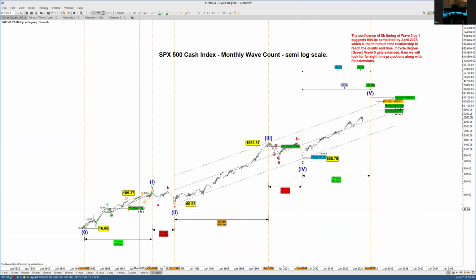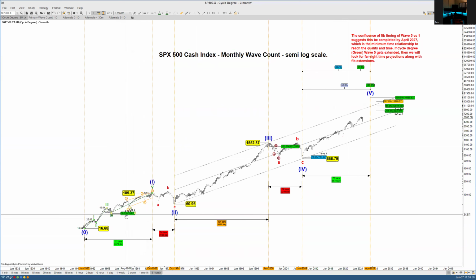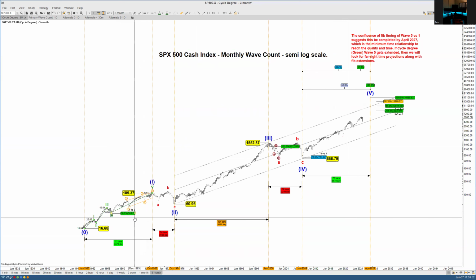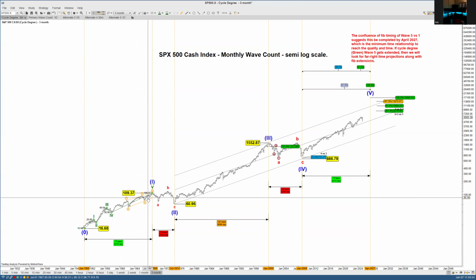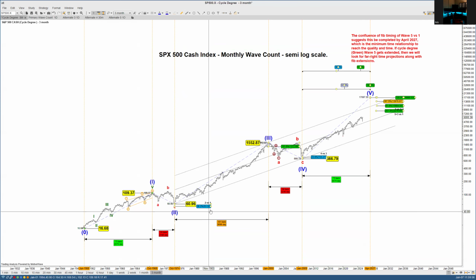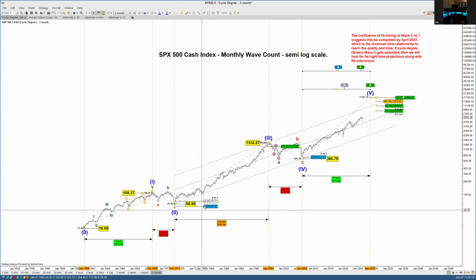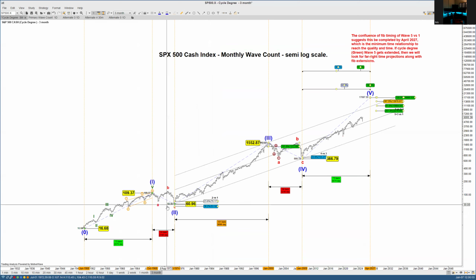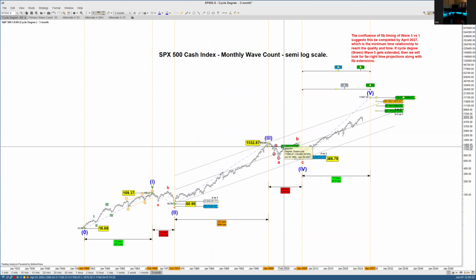Look at 3 versus 1. These are like textbook prints. Look, 38.2 retracement, typical retracement for 4 versus 3. This is a very clean wave count. Here, wave 2, 23 and 38.2% retracement, 3 versus 1.